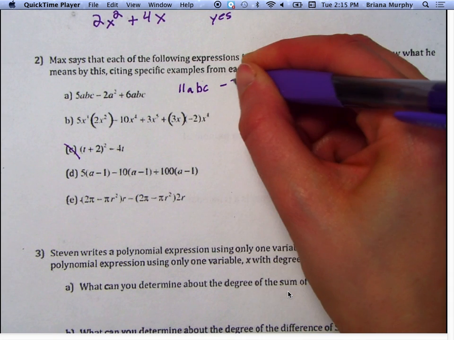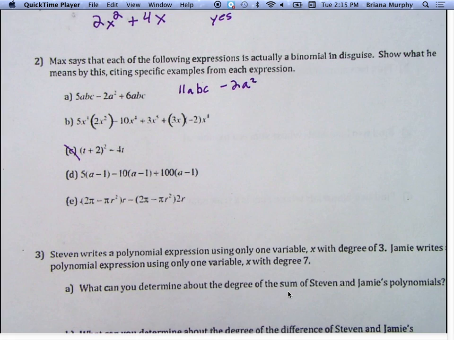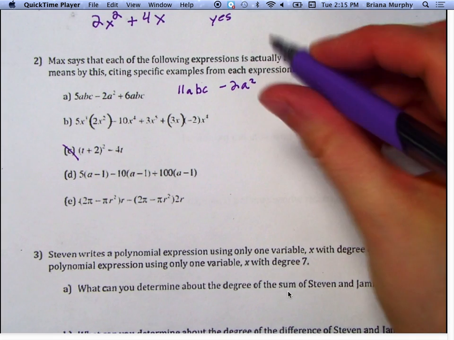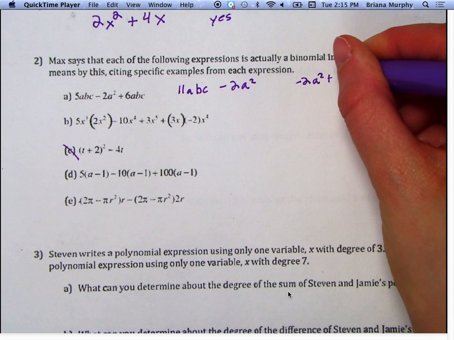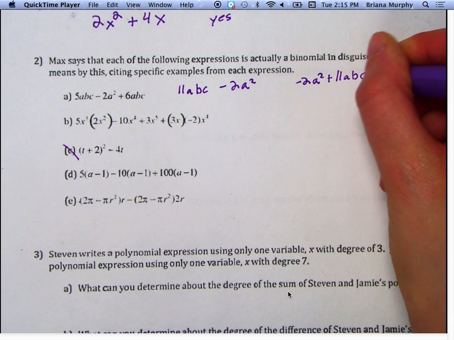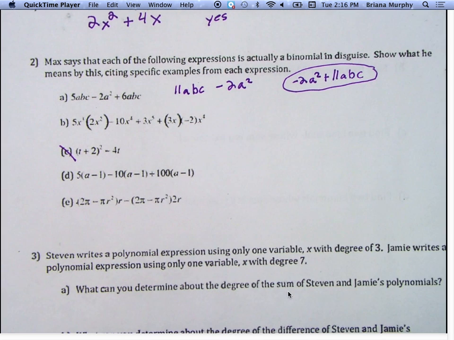Now, the rule with most binomials and polynomials is you put the biggest degree first. Do I have the biggest degree first? No. Okay, so let's switch it. So we have negative 2a squared plus 11abc. We have the biggest degree first.